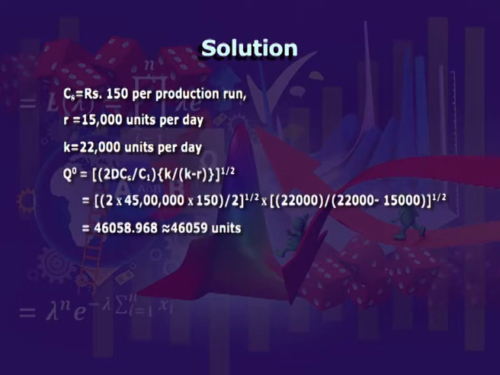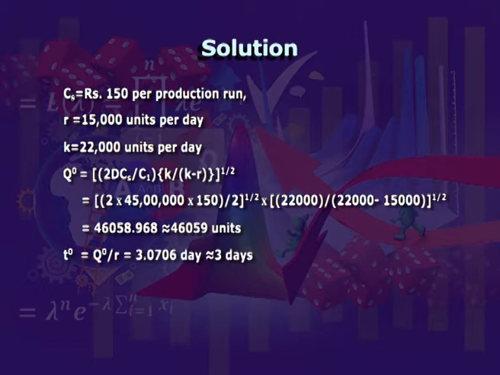Then optimum quantity Q0 equals under root of 2 into D into CS upon C1 multiplied by K upon (K minus R). Substituting the values of D, CS, C1, K and R, we get the final answer 46058.968. That means approximately 46059 units.